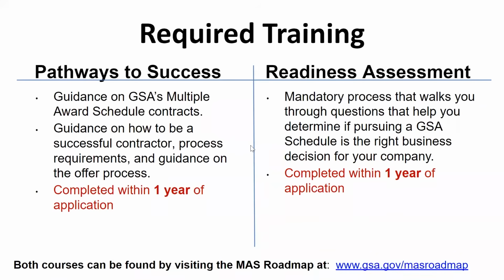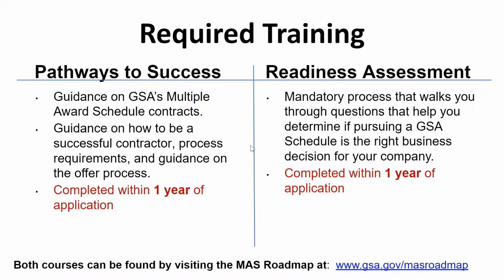Pathways to Success is just schedule specific training. It talks about the multiple award schedule process and gives you an overview of the program. My understanding is it typically takes about an hour or so to complete. And then you receive a certificate, and you would take that certificate and upload it to the eOffer system, right? Because everything is handled electronically.